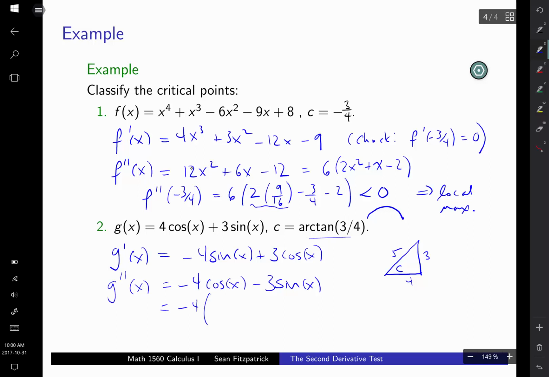So g double prime at c is going to be, so cos of c is going to be 4 over 5. Sine of c is going to be 3 over 5. But we can see that definitely that's negative, right? And so again, because the second derivative is negative, we know that we're dealing with a local maximum. Okay.